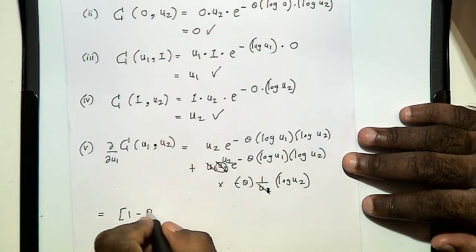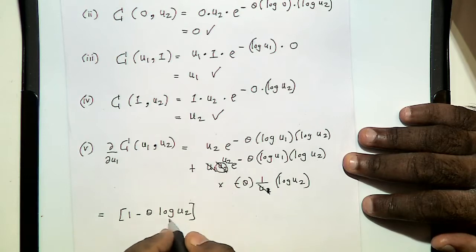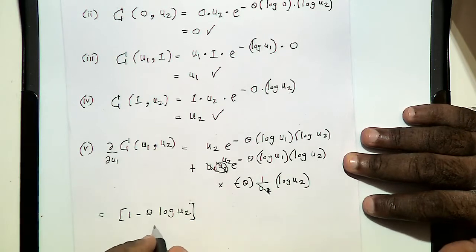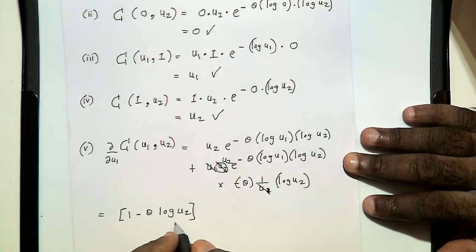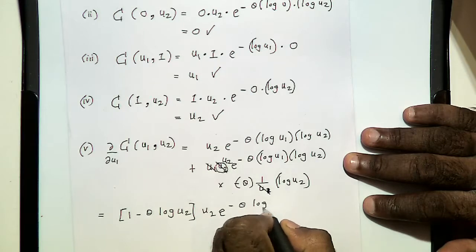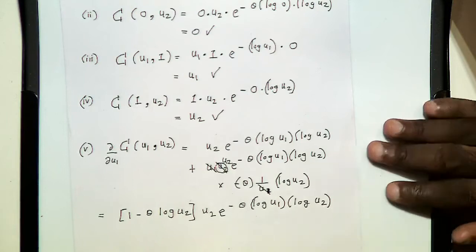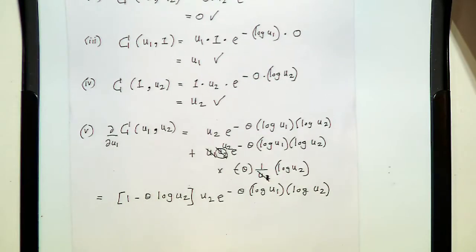Okay. You have this, yeah, and then you have U2, and then you have this. Okay. Am I correct? Correct me if I'm wrong. I hope I'm correct. Yeah?